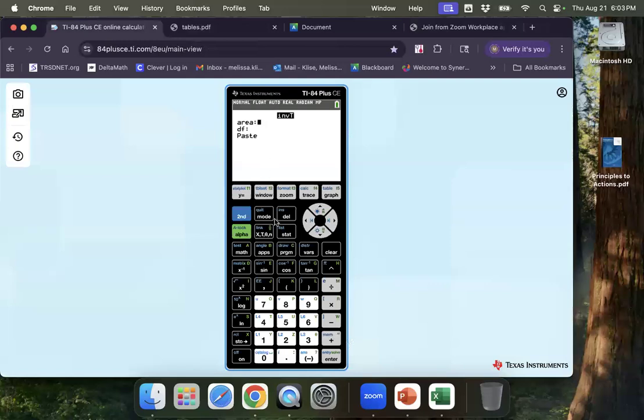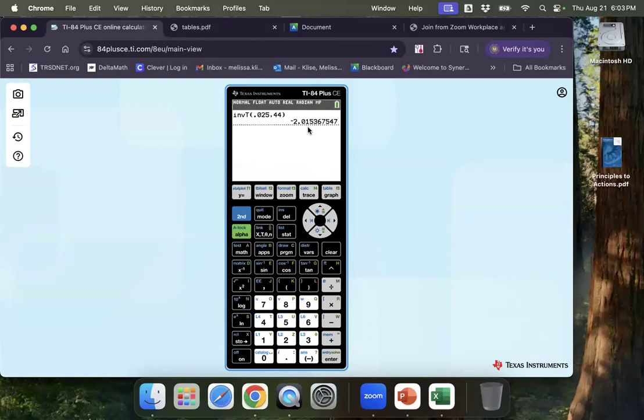Inverse t, my area 0.025, my degrees of freedom is 44 because n minus 1, and then paste. It's 2.015. It says negative, but because it's two-tailed, we're going to use both the positive and the negative.